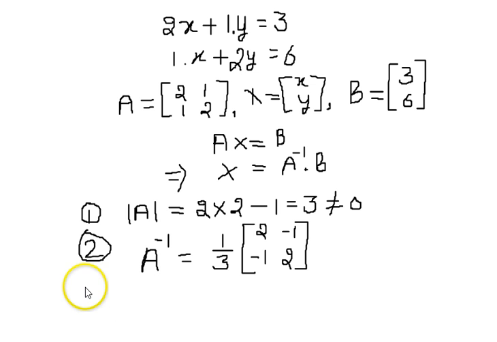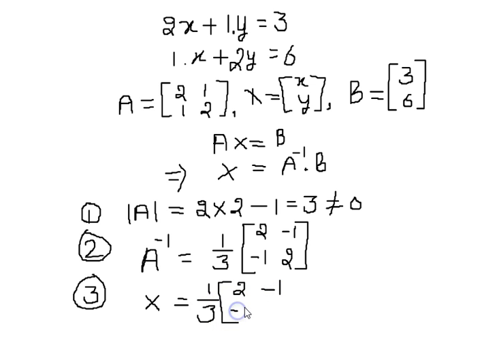Now the most important step, where we are going to find the value of x, and that is going to come by A inverse times B. So first I am going to write A inverse, which is 1 over 3, then the matrix, so this is minus 1 and 2, and I am going to write the B matrix over here again because I have to multiply them.